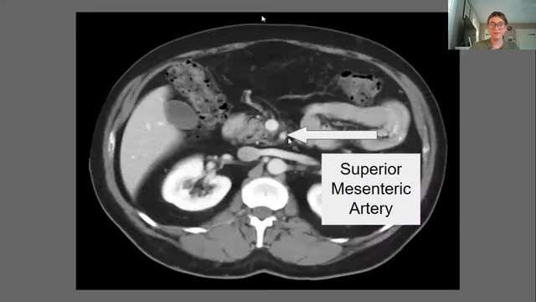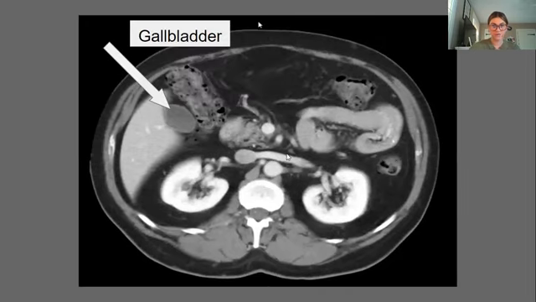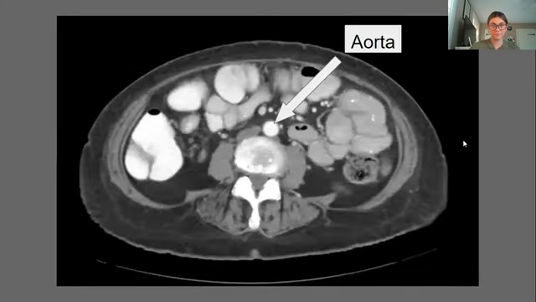All right, and then this is the superior mesenteric artery, and medial to the superior mesenteric artery is the superior mesenteric vein. And then lateral to those two structures is the gallbladder tucked over here in the liver. And this is the abdominal aorta.